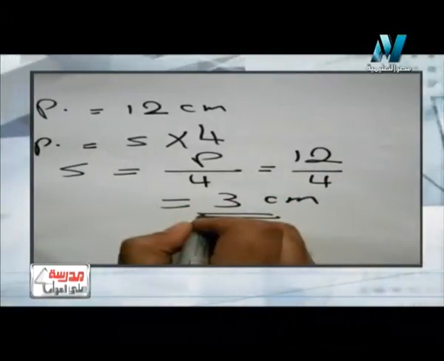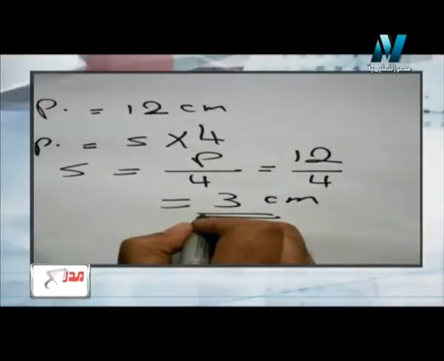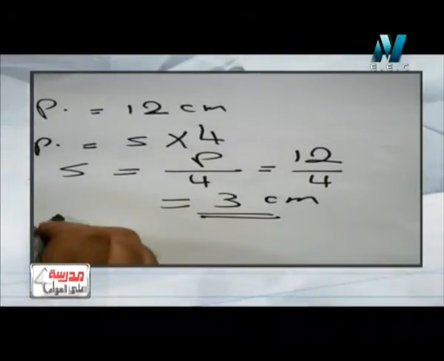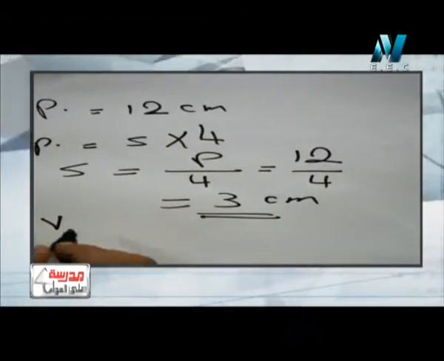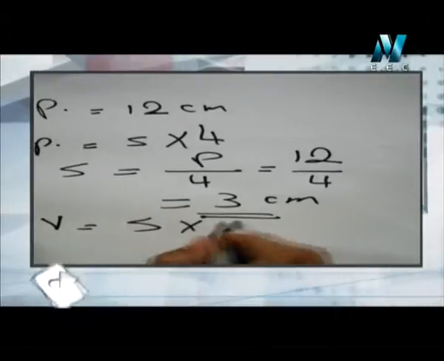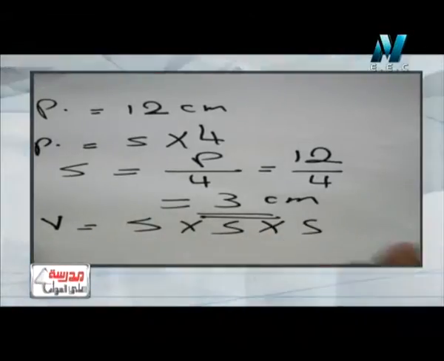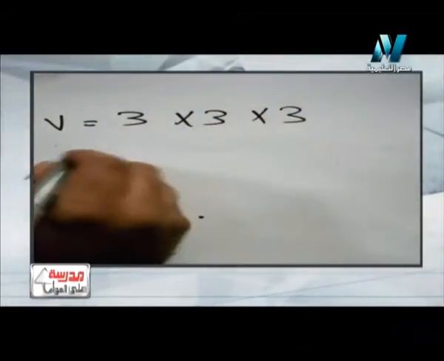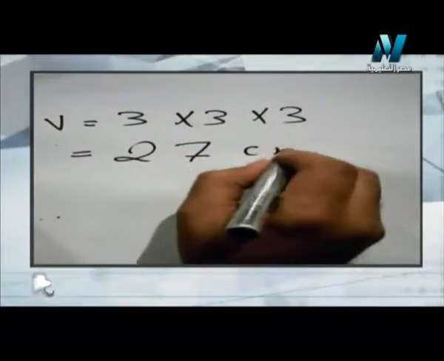So easy. We have the edge length of a cube, and it's easy to get the volume. Volume equals edge times edge times edge, so the volume equals 3 times 3 times 3. The result will be 27 cubic centimeters.